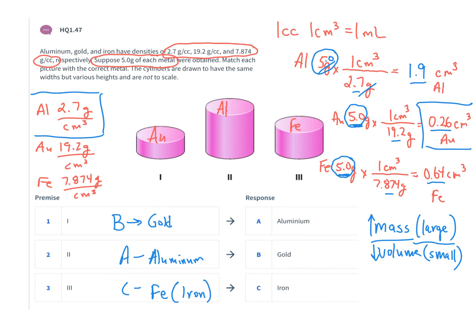That'll give us something with a large density. So what that means is we would need to have a small volume of that material to have a large mass. So hopefully that helps with the calculations for 1.47. But like I said, you could do the calculations to confirm that. You could also think about density and make some educated guesses as well.